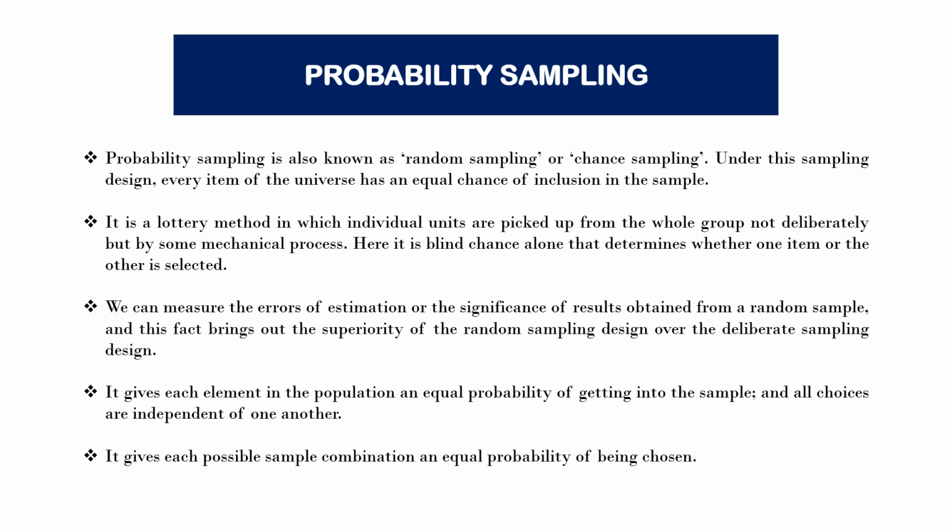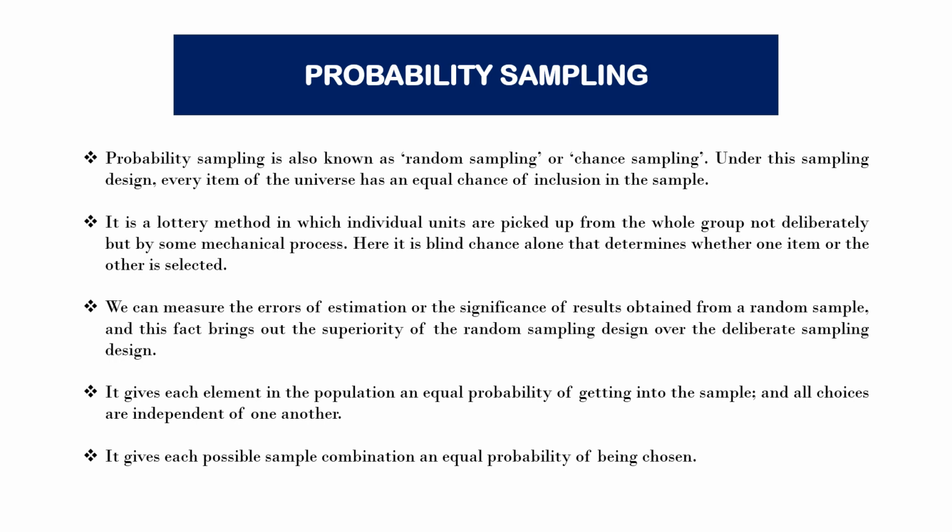Another type is the probability sampling method, where we randomly choose any item from the universe, and every item has an equal chance of being picked in the sample. There is no bias in this case.